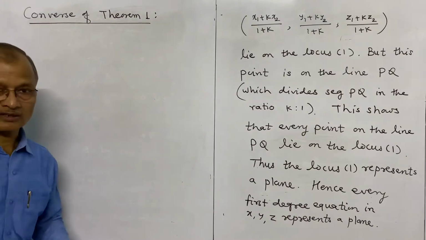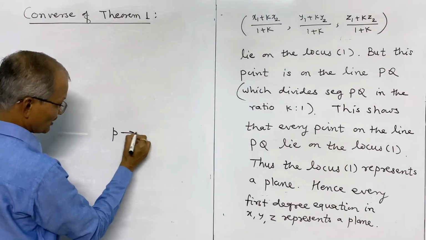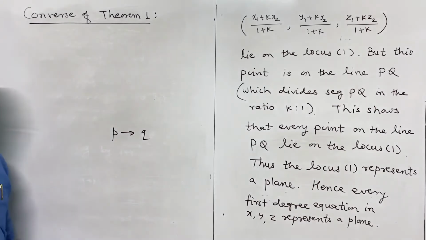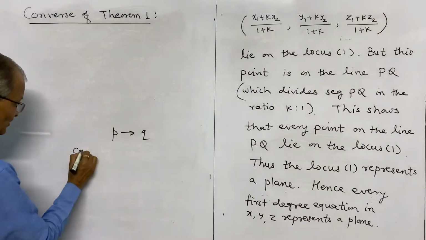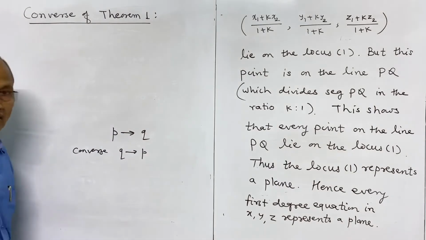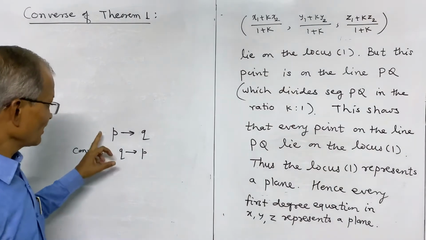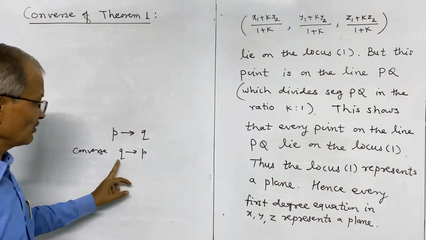We know in logic what a converse statement is. If this is a logical statement, P implies Q, then its converse is Q implies P. If P, then Q; here, if Q, then P.